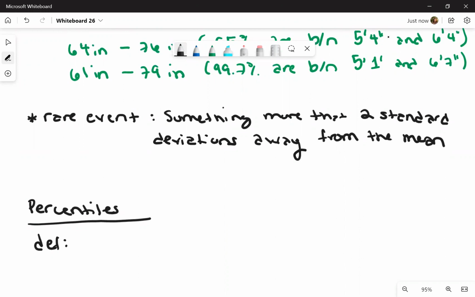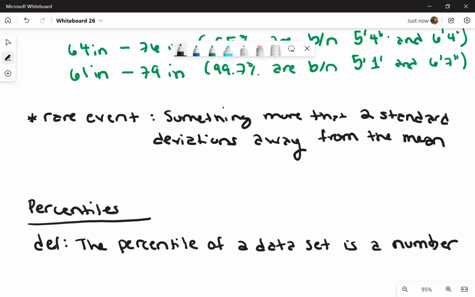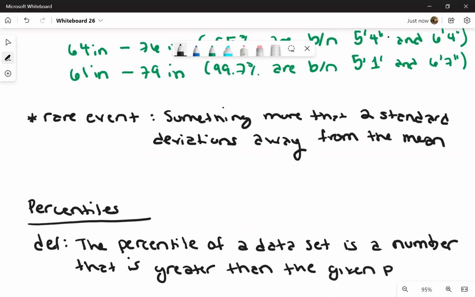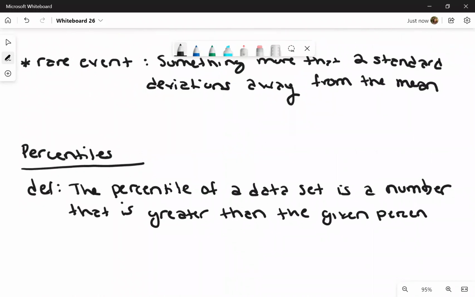The percentile of a data set is a number that is greater than a given percent of the data.